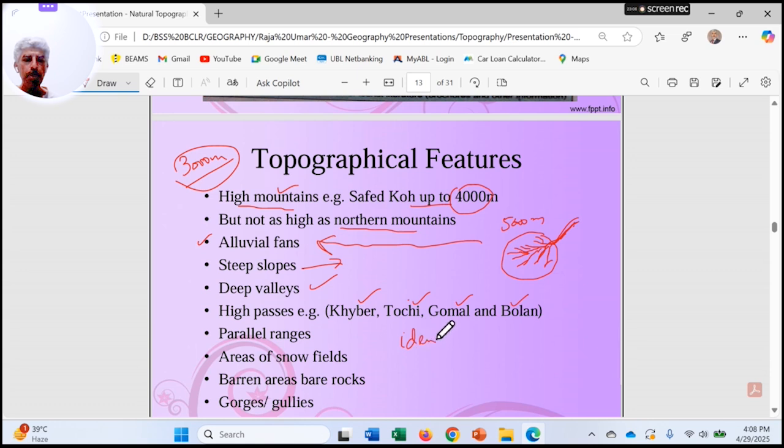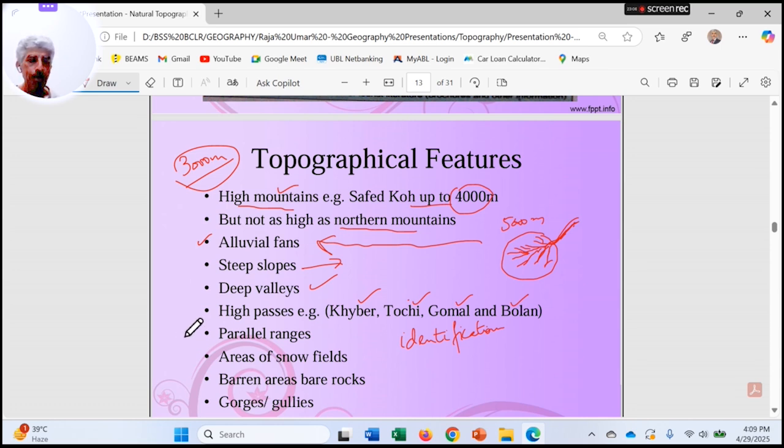So you are supposed to know where these passes are located and which areas these passes are connecting. At times the question is like that: name one pass of the Western Mountains and name the areas connected through this pass.